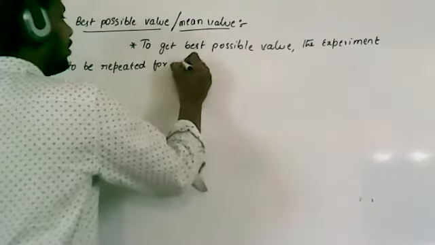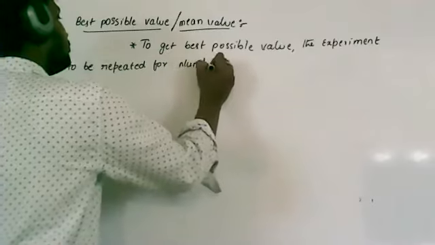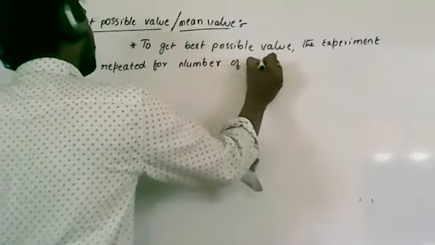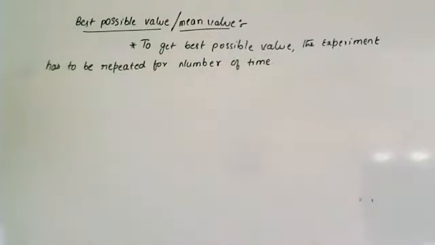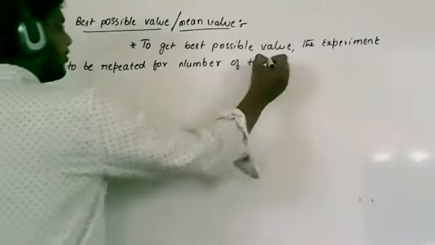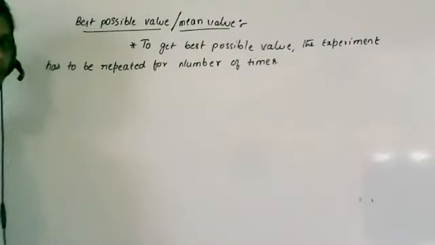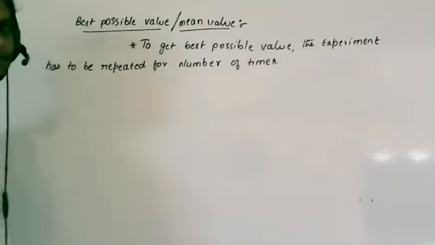Clear? Just now we discussed that. Now remember, let us say A1, A2, A3 and so on, AN are the readings of the experiment. Clear?